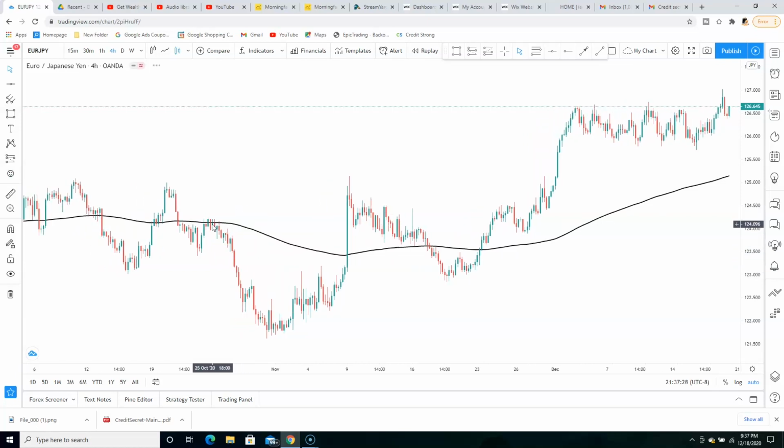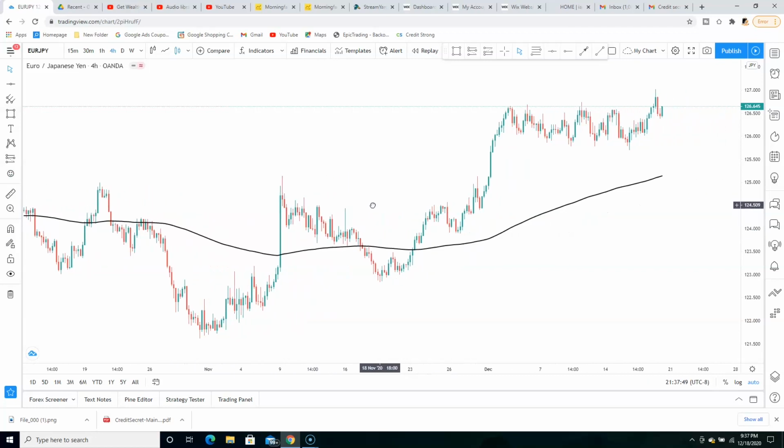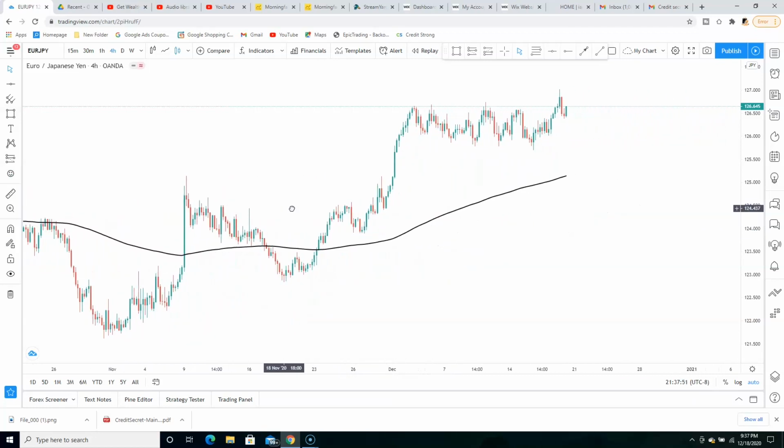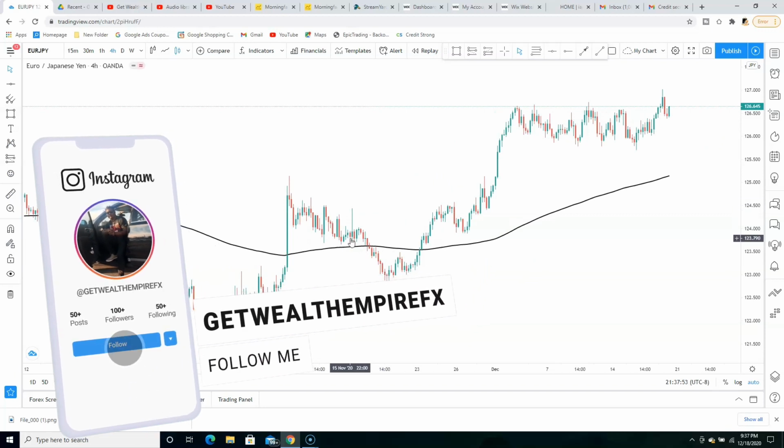As we can see right here in this zone, the price tried to go up but rejected the 200 EMA. That's how you know. So what happened right here, we can call it a resistance. This was a resistance right here.